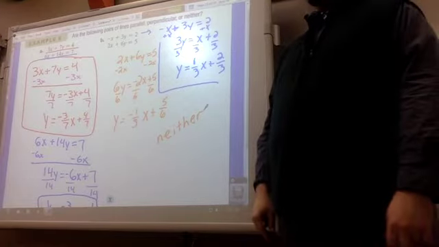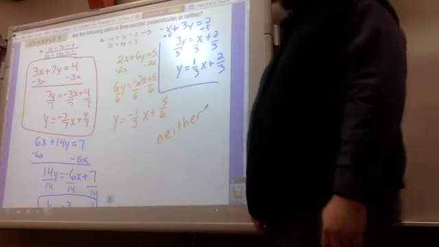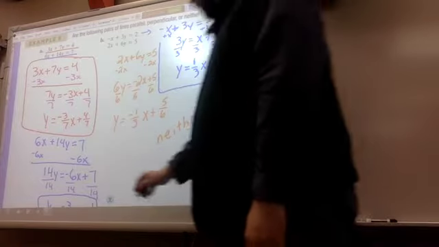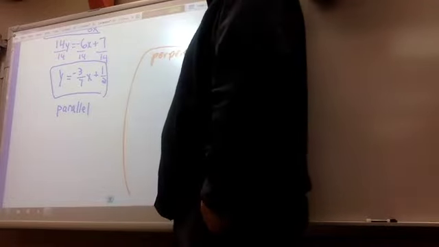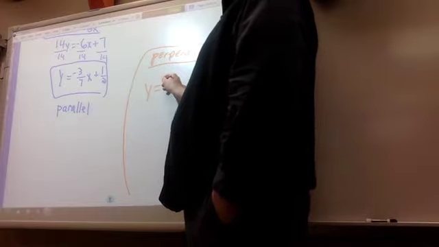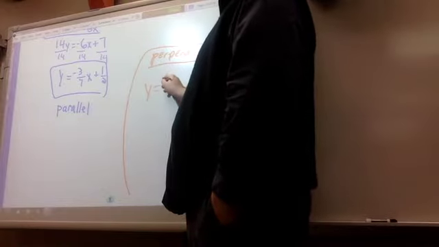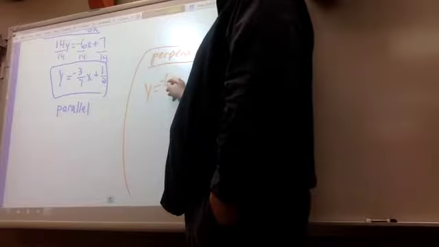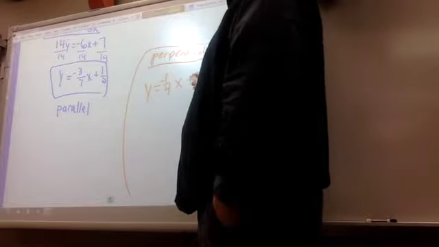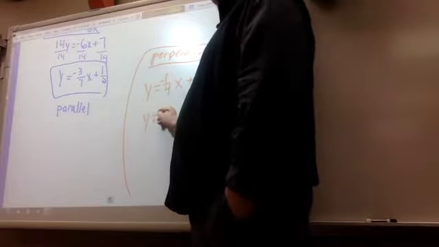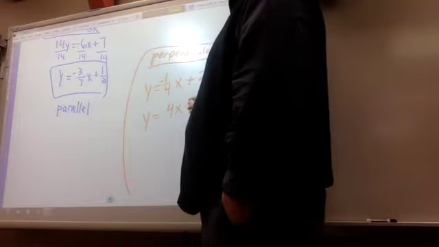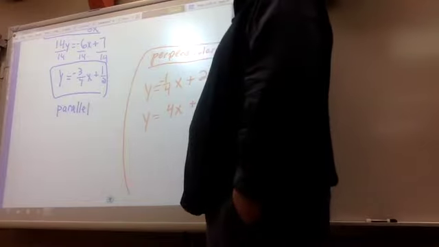In order for perpendiculars, this would be an example of perpendicular. If you had y is equal to, let's say, negative 1/4 x plus 2, I'm going to make it negative since I have a sign there, and y is equal to 4x plus 3.